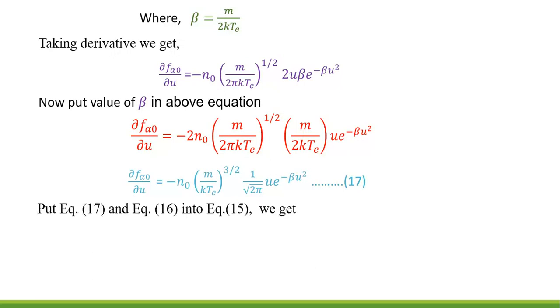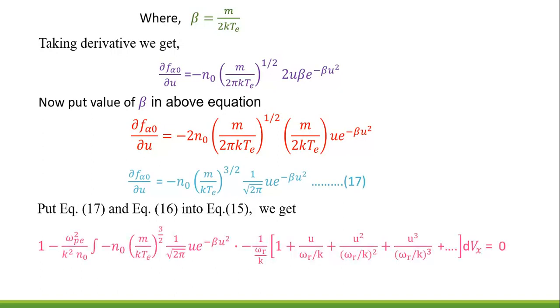Then making use of equation numbers 17 and 16 back into equation number 15, we will get all this combination which is written here. Again, let me remind that we have substituted equation number 17 and equation number 16 in my previous slide into equation number 14 to get this final expression.